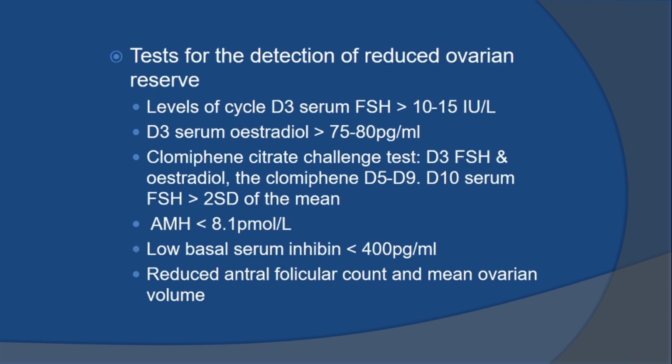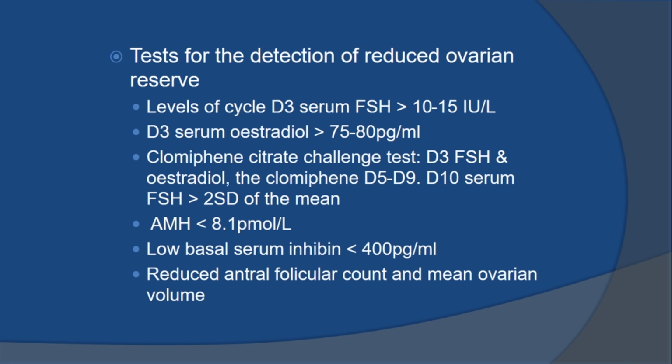There are several tests that can be used to detect reduced ovarian reserve, and that include day 3 FSH, day 3 estradiol, clomiphene citrate challenge test, anti-mullerian hormone, and low basal serum inhibin B. Those are things that you can use to detect the ovarian response.